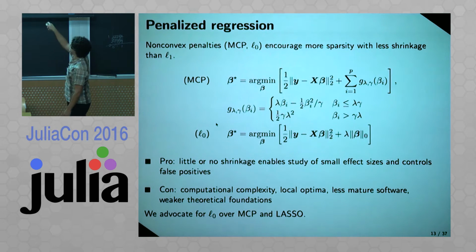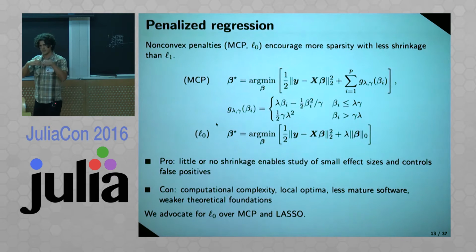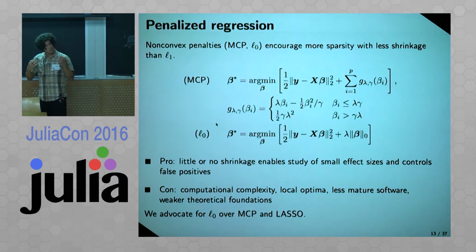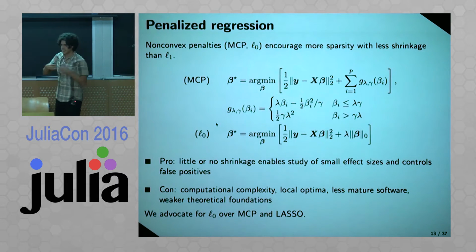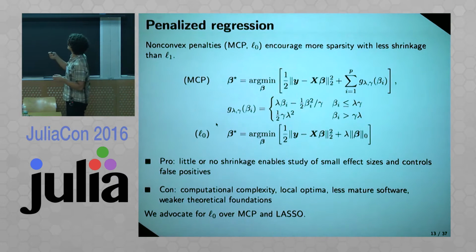If it exceeds the parameters, it won't shrink. So if the value is very small, it's going to try to drive it to 0. But if it isn't small, small here being measured by however you choose gamma and lambda, then it won't shrink it. So this can preserve SNP effect sizes to a certain degree. It's very important. Of course, there's also this L0 stuff.